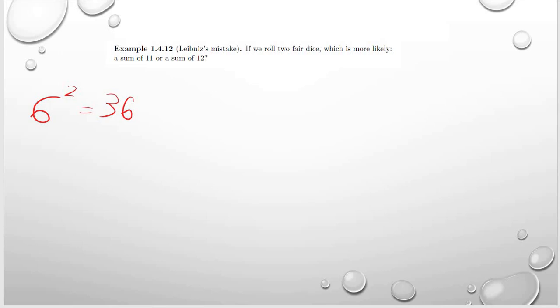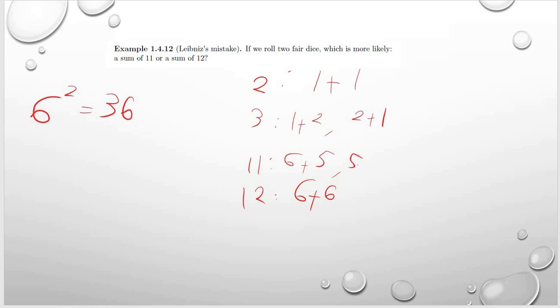Now the values in the middle for the sum, like 7, will tend to be favorites, while ones at the extremes, like 2 or 12, will be the least likely, because 2 we can get as 1 plus 1, 12 we can get as 6 plus 6, 3 we can get as 1 plus 2, or 2 plus 1, and these are distinct. 11 we can get as 6 plus 5, or as 5 plus 6.